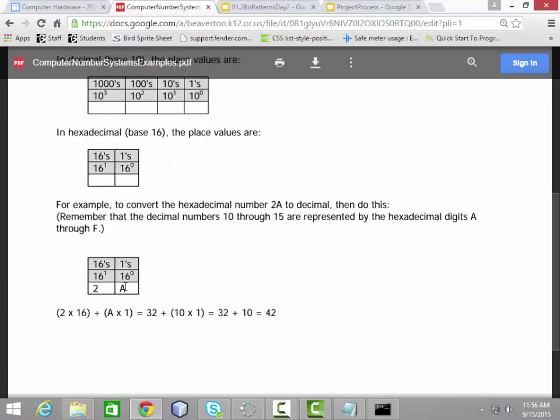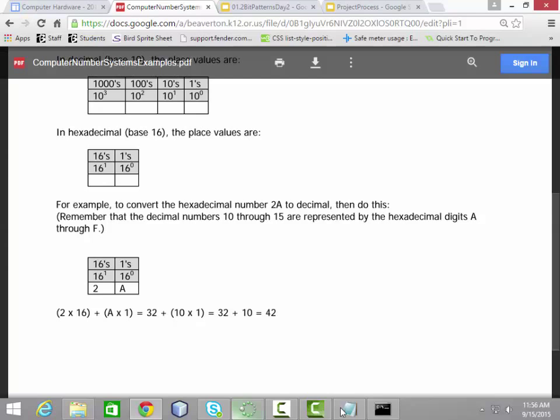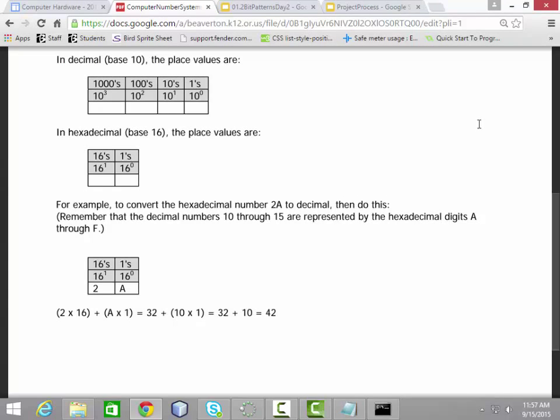So you write the 2 numbers in here, do the math, so that'd be 2 times 16 plus A, which is 10, times 1, gives you 32 plus 10, that would equal 42. So take each two-digit hexadecimal number and convert it into a decimal number or a base 10 number. But use this helper sheet to help you do that.